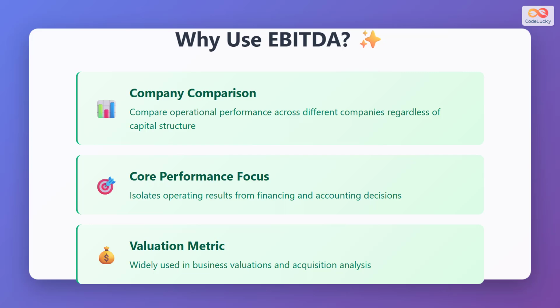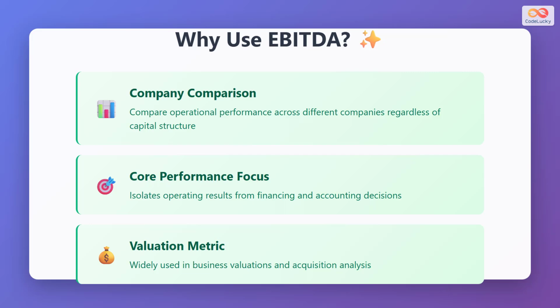EBITDA is popular for several important reasons. First, it enables company comparison. You can compare the operational performance of different companies regardless of their capital structure, meaning whether they use debt or equity financing. Second, it provides core performance focus. EBITDA isolates operating results from financing and accounting decisions, giving a clearer picture of business efficiency.